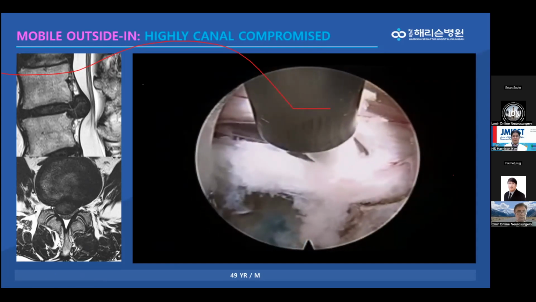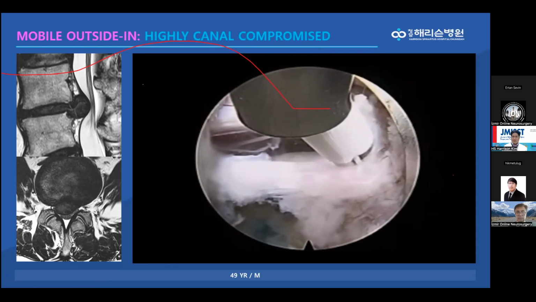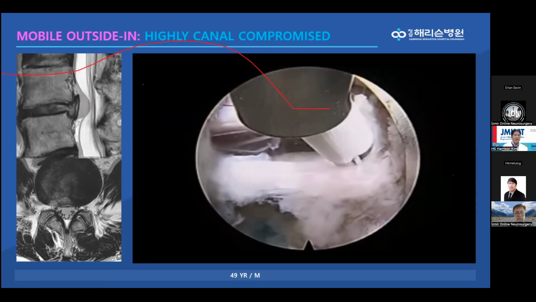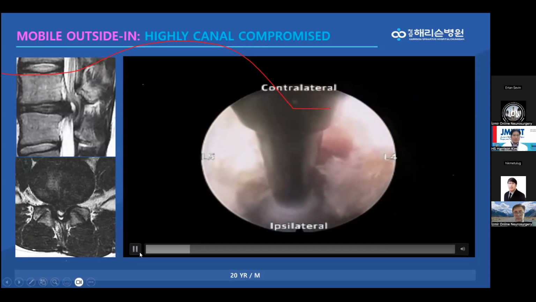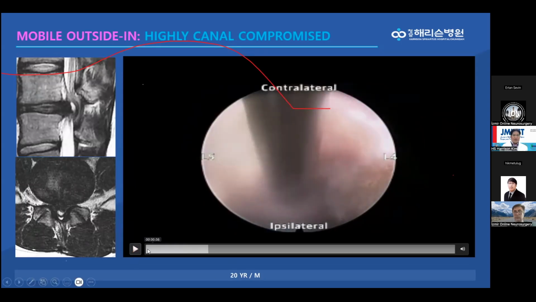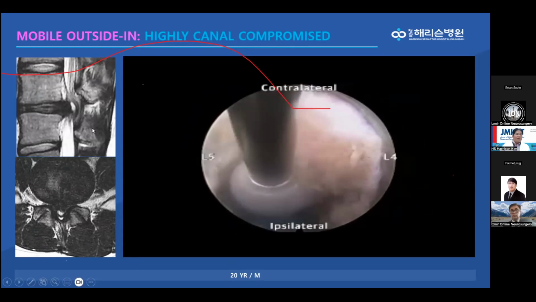You can see the exposure of the epidural space is possible like this. Also, this case is a 20-year-old male patient. But this patient has a very severe high canal compromised disc with cauda equina syndrome.